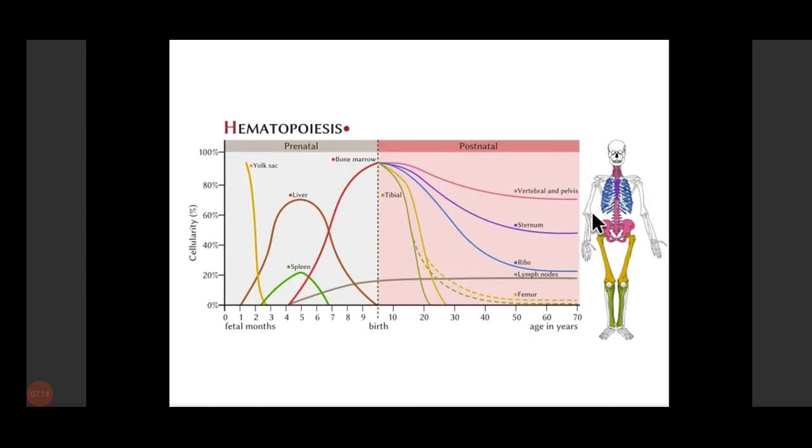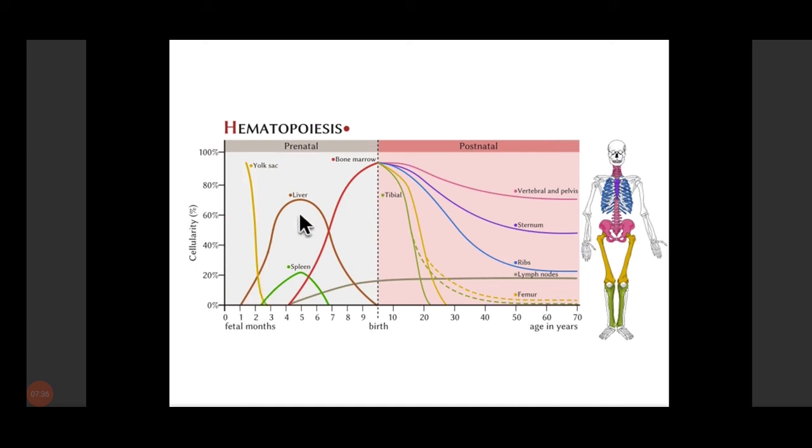This picture depicts hematopoiesis in the human. In the prenatal period, the yolk sac is the first site of formation of blood. Then at around 1 month of age, it is taken over by the liver.